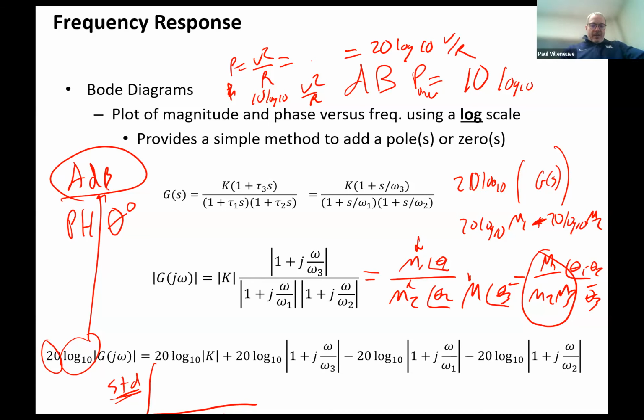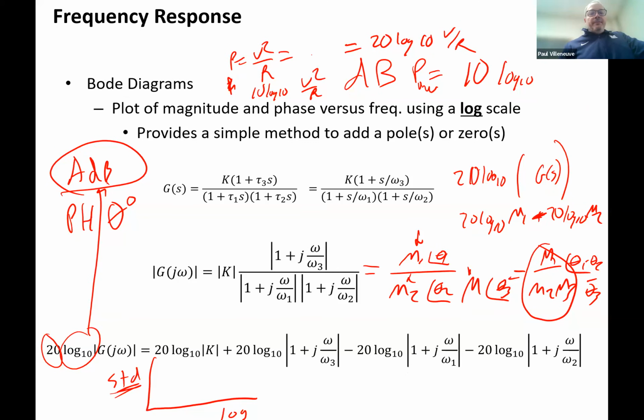All right, so that's important to understand, how we use logarithmic paper. The only reason we say it's logarithmic is because that is done in dB. But now take a look, instead of multiplying and dividing, I can go ahead and add or subtract any of those terms.